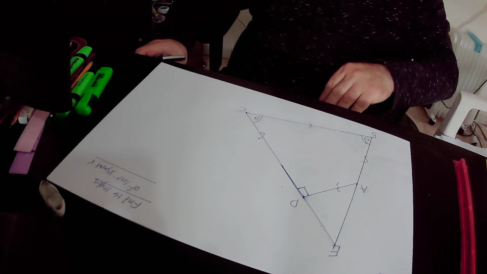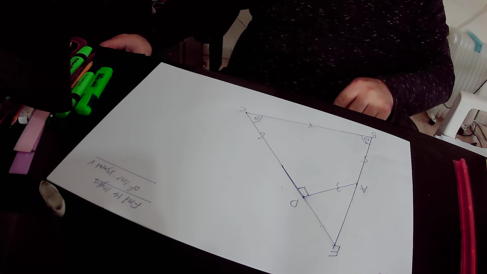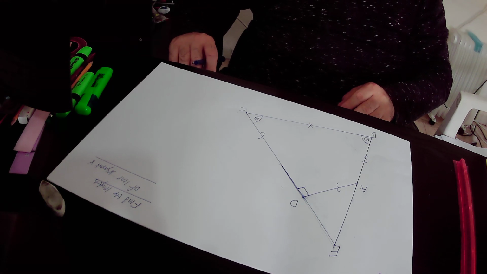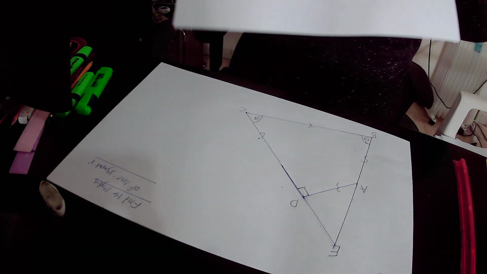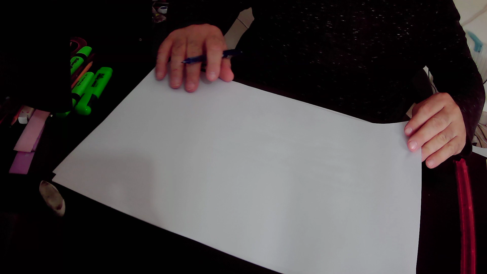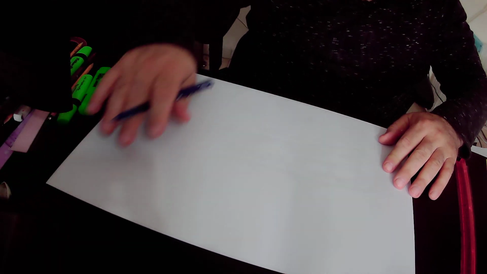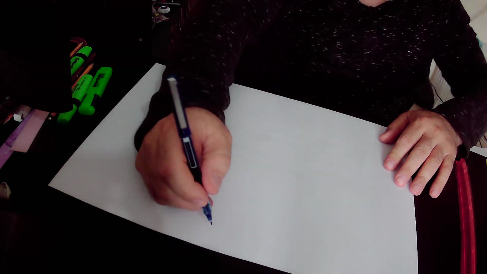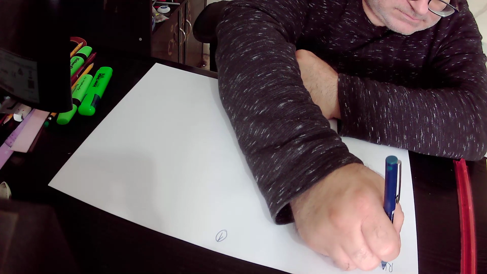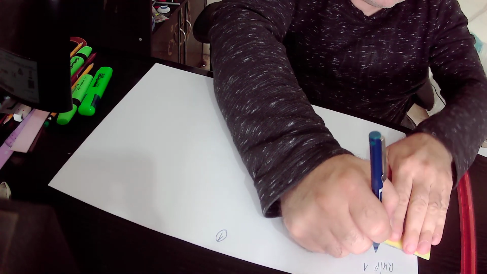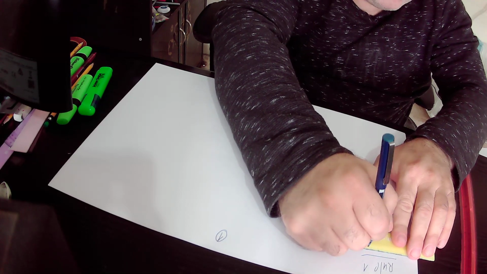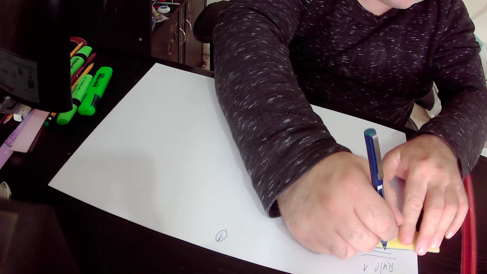In the next step I will present a new rule, rule number 1. According to rule number 1, in front of equal angles in a triangle there are equal sides.